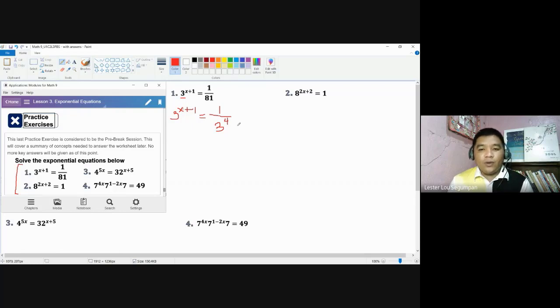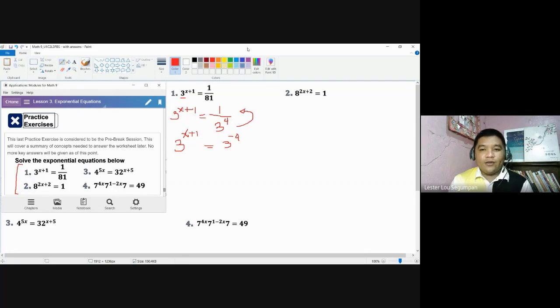This is the reason why we could use the reverse operation of the law of negative exponent. Even if it doesn't have a negative exponent, we could bring it up and we'll have here 3 to the power of x plus 1 is equal to 3 to the power of negative 4. Again, it's the reverse operation, because if we bring it down, it will still become like this.